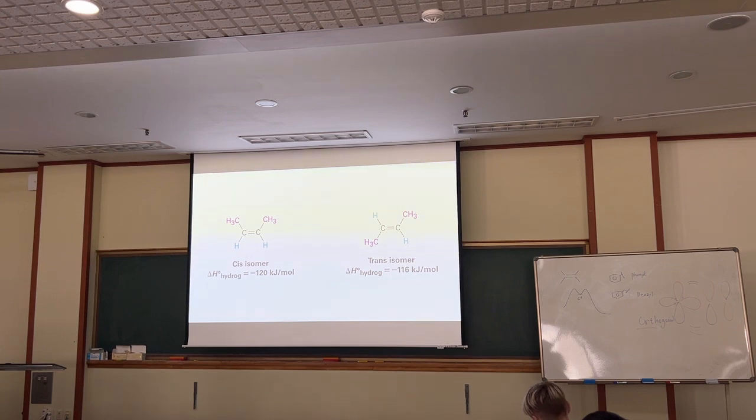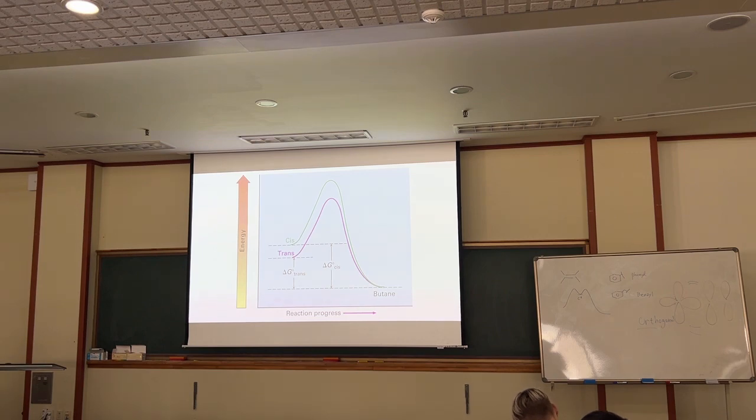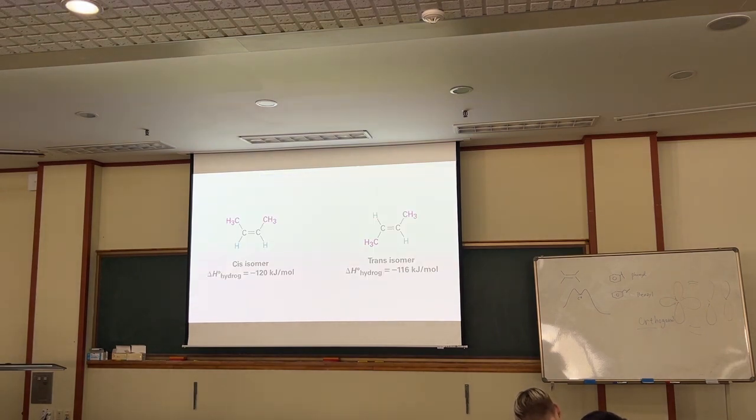By comparing those, now this delta H is for a specific reaction, hydrogenation. Hydrogenation means adding hydrogen. Okay. If you compare those hydrogenation energies, this releases a lot more than this. Right? Cis released more energy than trans. That means which is more stable? Cis generated more energy to go to the same product than trans.